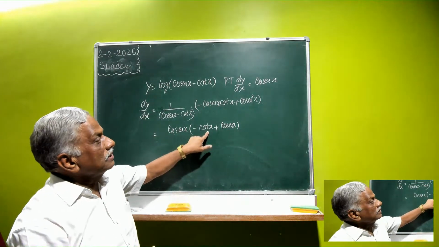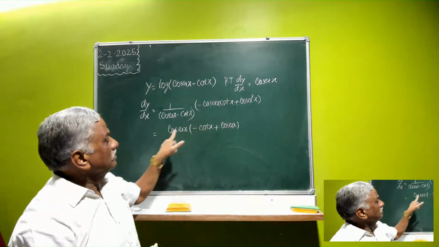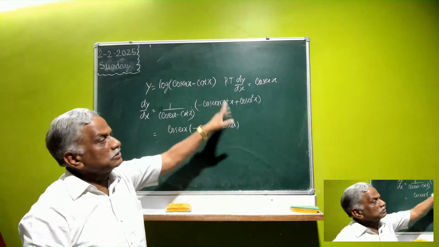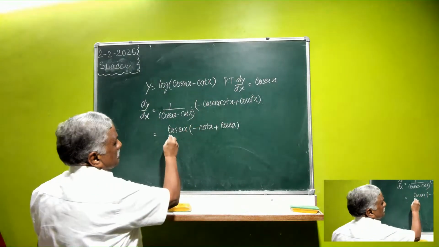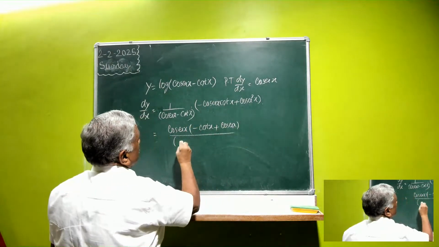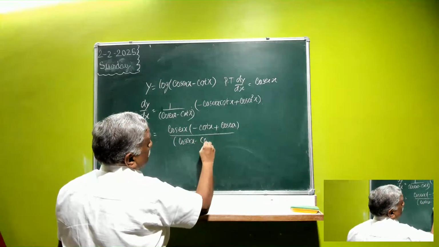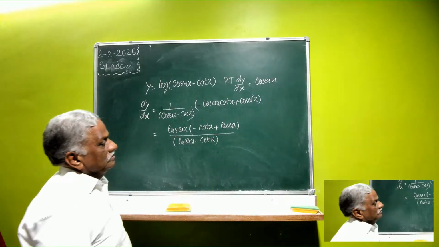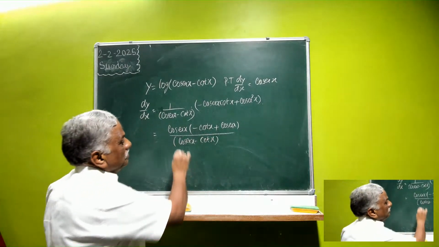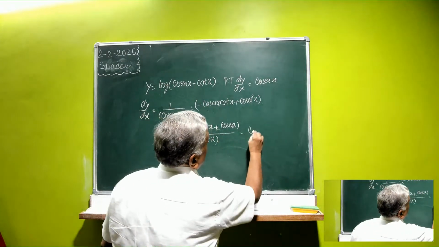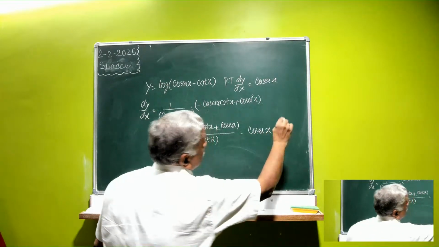Cosecant x into minus cot x is minus cosecant x cot x. Cosecant x into cosecant square x. Always you can do that fast, cross check. Write the denominator as it is, cosecant x minus cot x. And wherever these two terms are same, cancel this, and you get cosecant x.